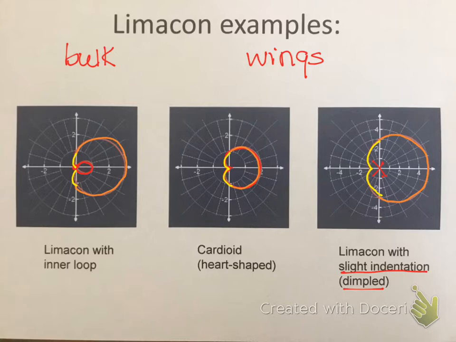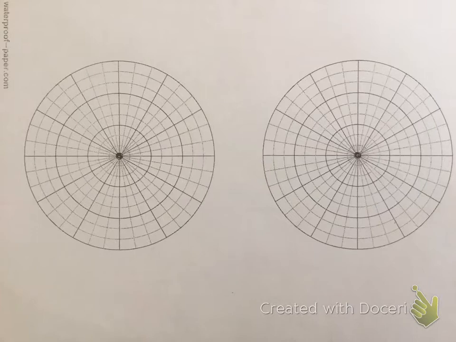So now let's start graphing. Again, if you do not have that summary of your polar graphing out, you might want to get that out to help you a little bit. So we are starting with the graph of r equals 2 minus 2 sine theta.